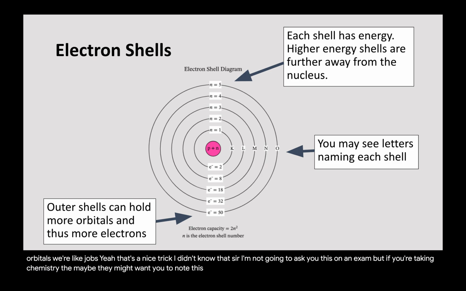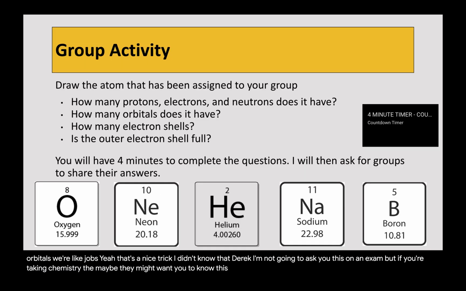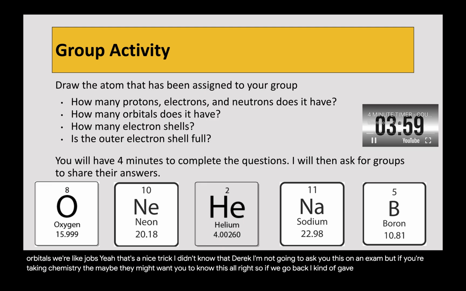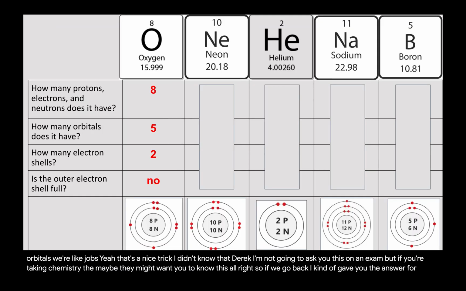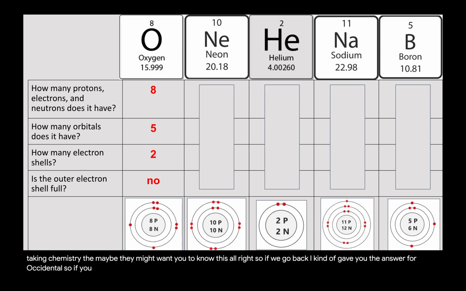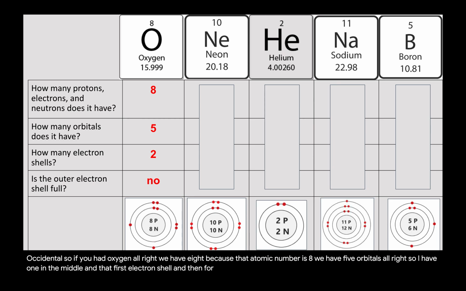All right, so if we go back, I kind of gave you the answer for oxygen already. If you had oxygen, we have 8 because that atomic number is 8. We have 5 orbitals. So I have 1 in the middle in that first electron shell, and then 4 orbitals on that second electron shell.